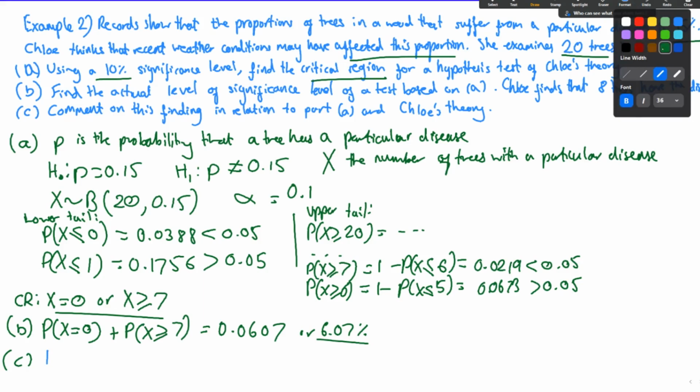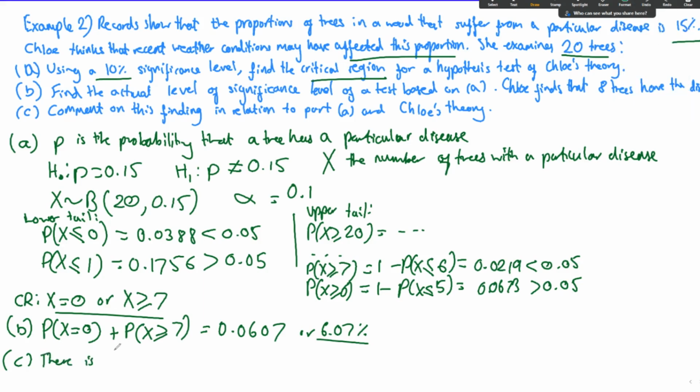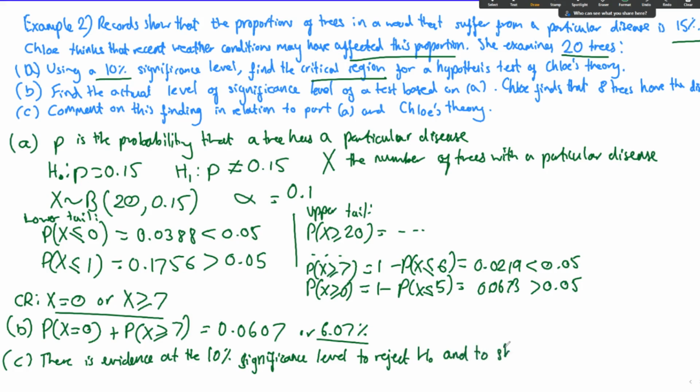there is evidence at the 10% significance level to reject H0, and we want to link it to Chloe's theory and to support Chloe's theory that the proportion of trees affected has changed.